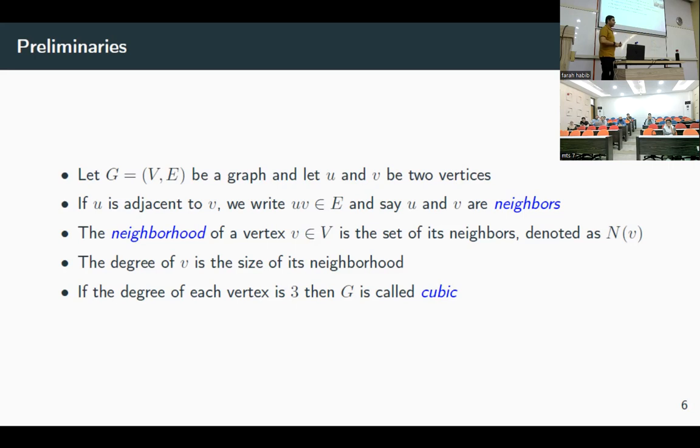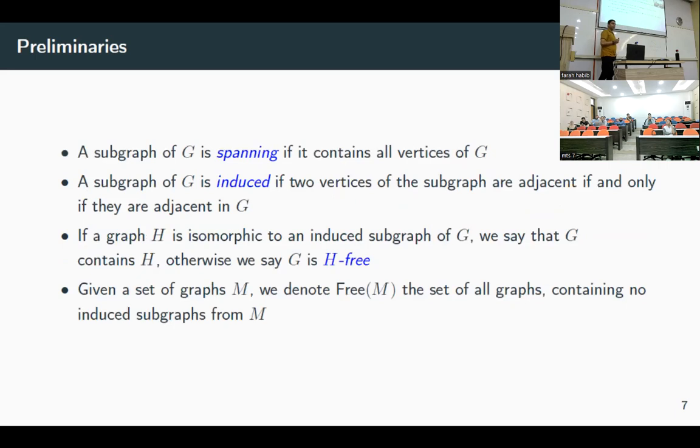So the cardinality of the set is the size of the neighborhood, and this is also the degree. And if the degree of each vertex is 3, then we say it's a cubic graph. At any time, if you have questions, please tell me.